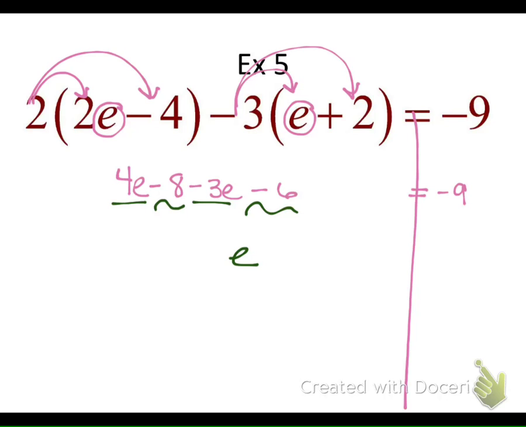Plus 8. What kind of 8 is that? I know, I'm saying plus. Not yet. Negative 8. Negative 6. So negative 8 minus 6. What's negative 8 minus 6? Negative 14. So that's why I wouldn't put the plus, Damon, because I would actually put negative 14. Now, if I would have put the plus there, I would have had to write it like this, which is just extra writing that I don't want to do.